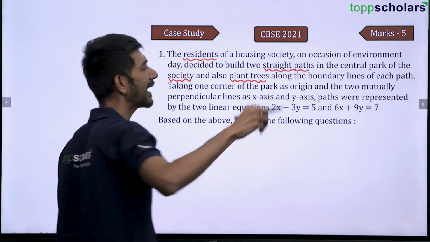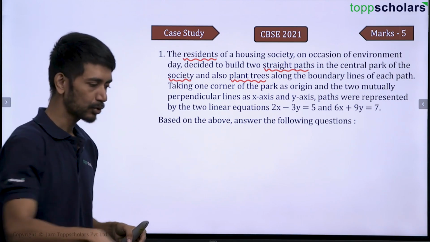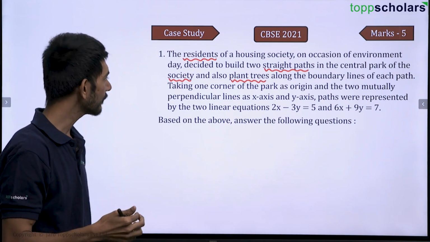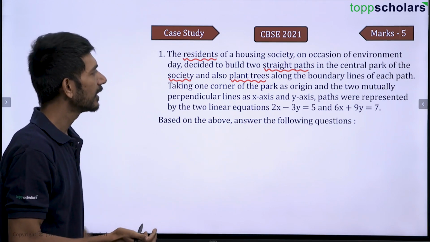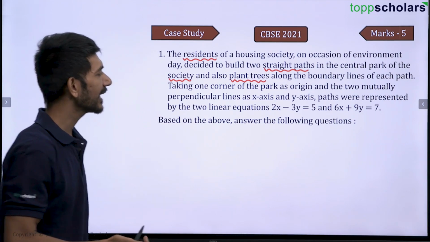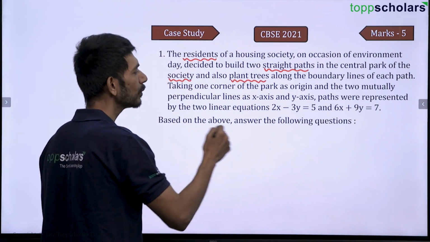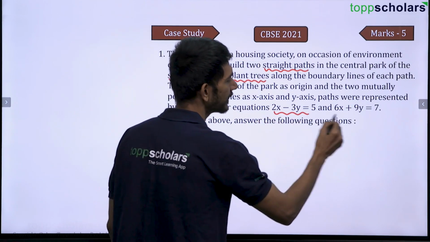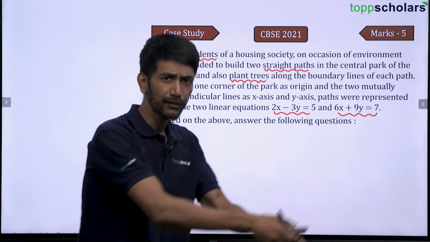They want to plant trees also along the boundary lines of each path. Taking one corner of the park as origin and the two mutually perpendicular lines as x-axis and y-axis, paths were represented by two linear equations. Basically, see, understand. Path means what? It's kind of a straight line, right?